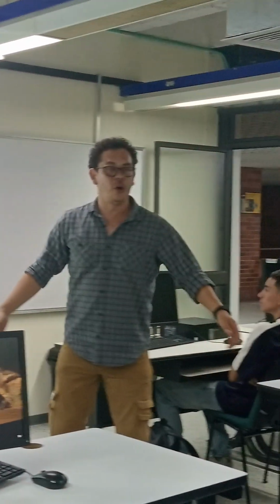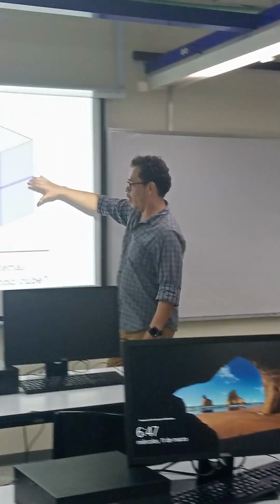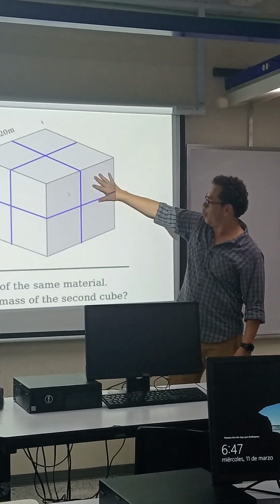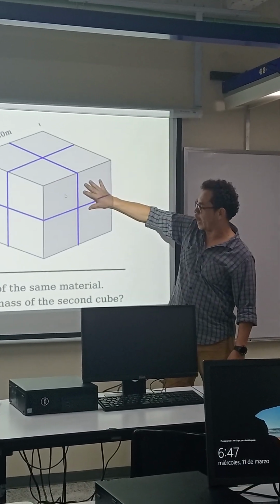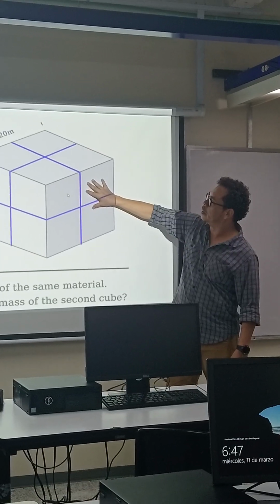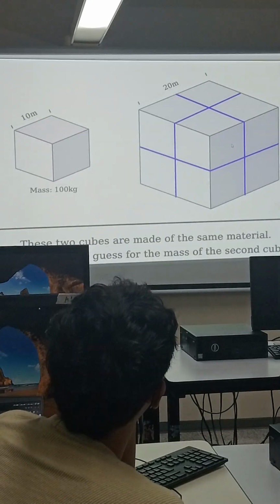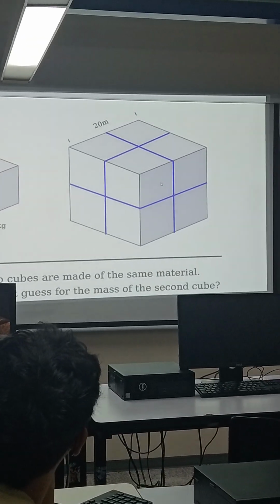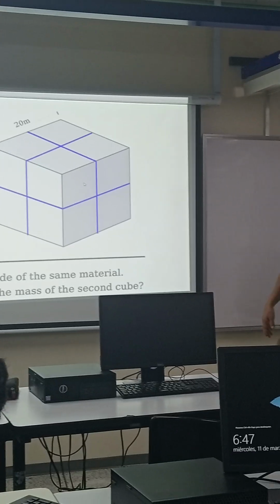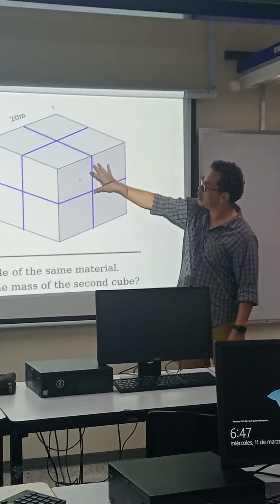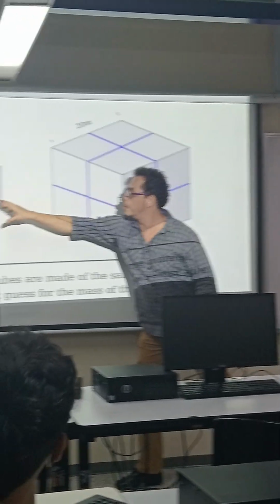In this one, the same. Okay, we can estimate the mass of this cube, supposing that they are made of the same material. 800 kilograms, because this is 8 times this cube. Exactly.